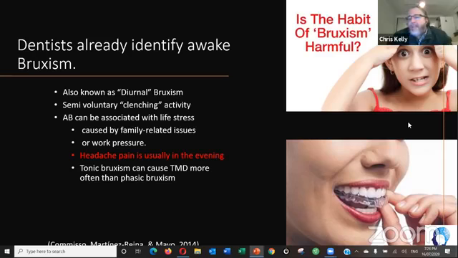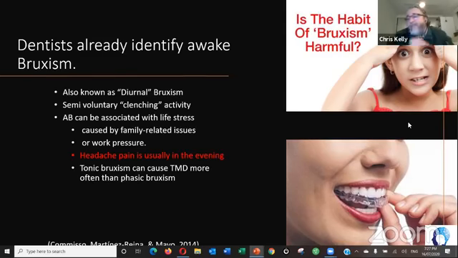Lip biting, pen chewing, cheek chewing, tongue chewing, and even one I've just recalled: an old lady I used to deal with used to put pins in her mouth when she was sewing, holding them there so she could have easy access to them. She ended up with worn teeth, but also a sore jaw. It was because of that semi-voluntary subconscious activity. Yes, she was putting the pins in purposefully, but she was also chewing on them when they were in there, and didn't even realize it.